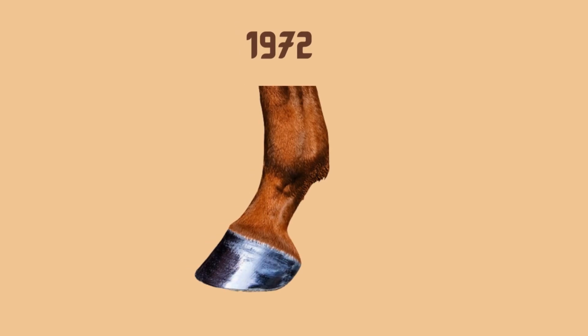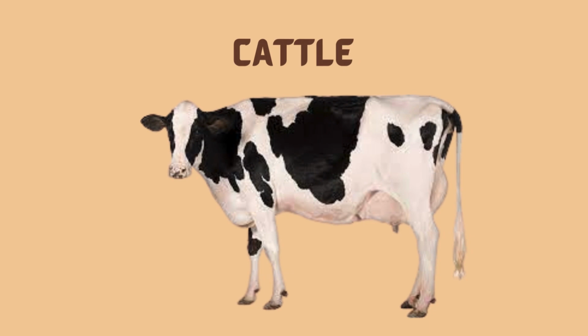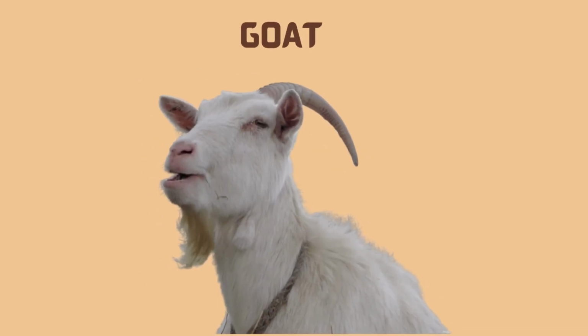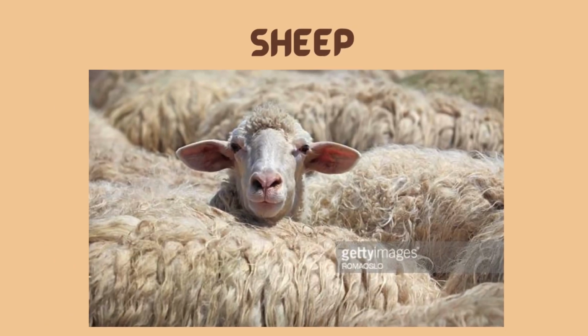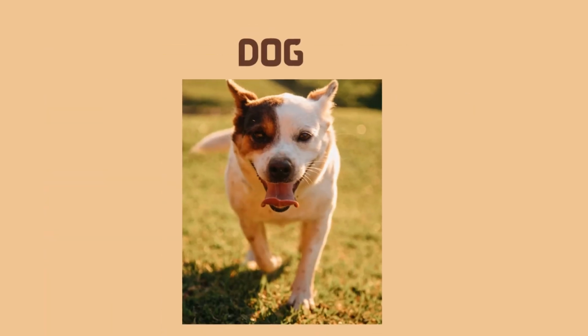You know what animal is this? It's a horse. Okay, let's try for this one. It's a cattle. How about this? Do you guys know what animal is this? It's a goat. How about this one? Nice try. How about this one? Yes, you are right. It's a dog.